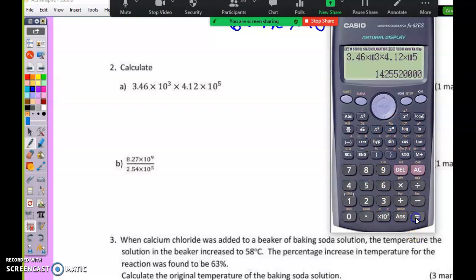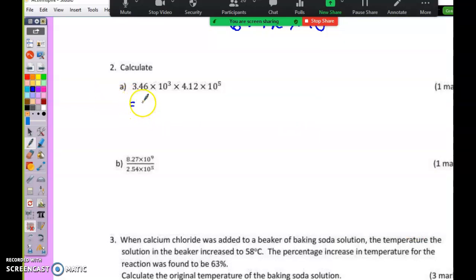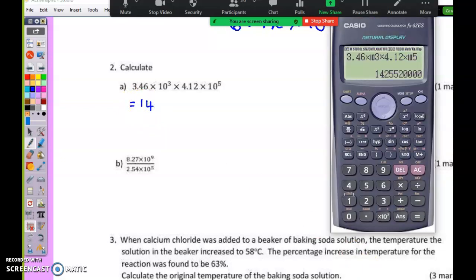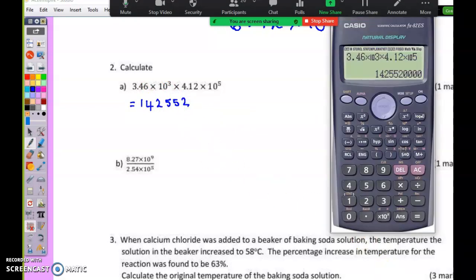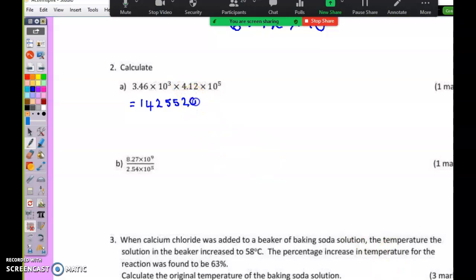It equals 142552 and some zeros, 4 zeros.